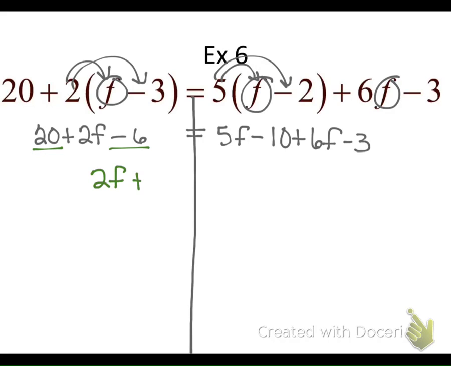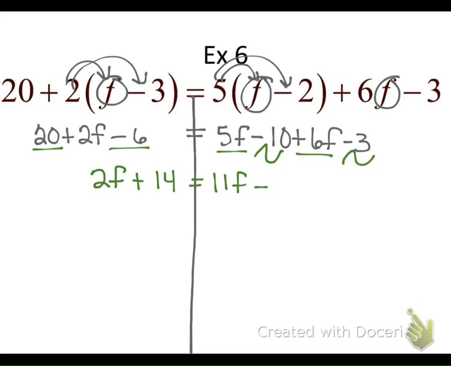Rihanna? We get 5F plus 6F, which is 11F. So you combine like terms on my right side, okay? And then you combine negative 10 and negative 3, which gives you negative 13. There you go. Good. And I've distributed, and I combine like terms.